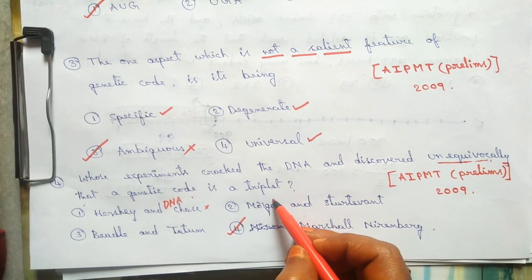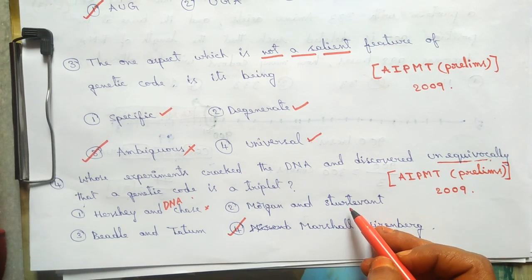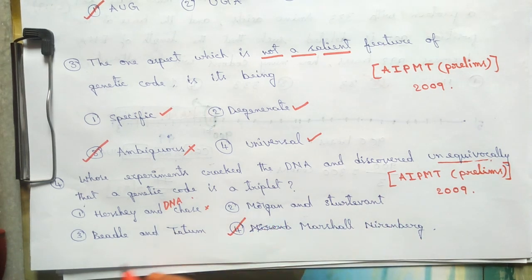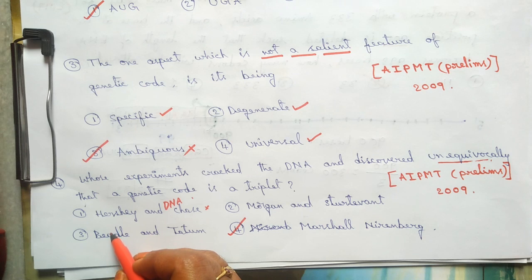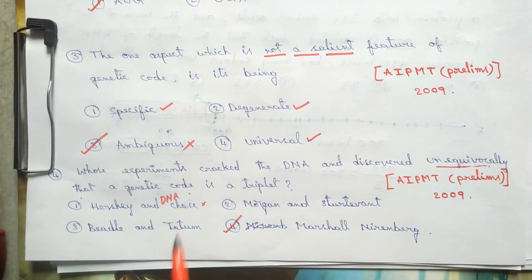Morgan is father of experimental genetics. Sturtevant is student of Morgan, who has given gene mapping based on the experiments of Morgan. Next, Beadle and Tatum have given one gene, one enzyme hypothesis by doing some work on Neurospora, the fungus, and E. coli. Next, Marshall-Nirenberg.